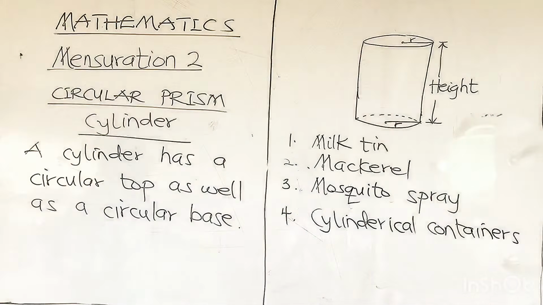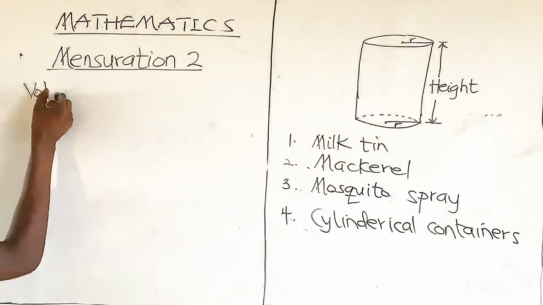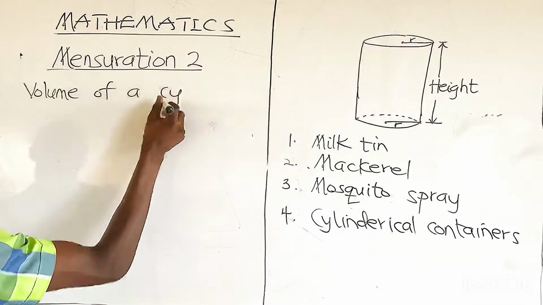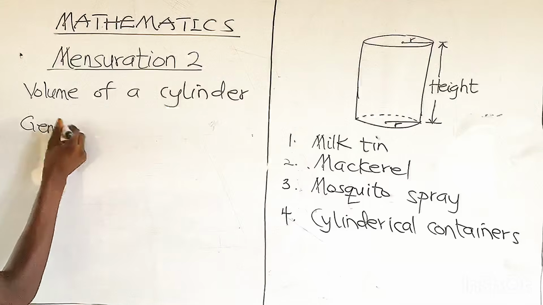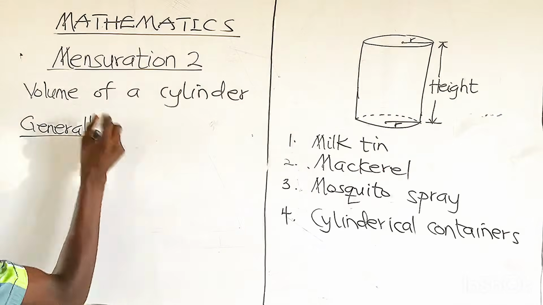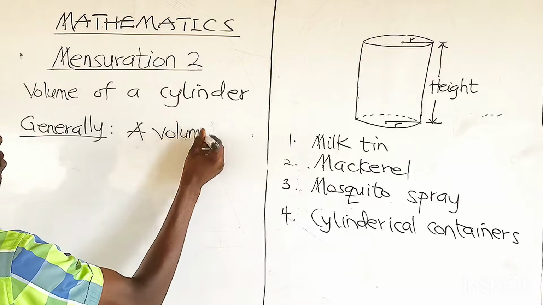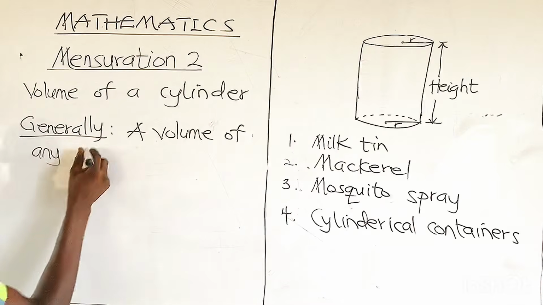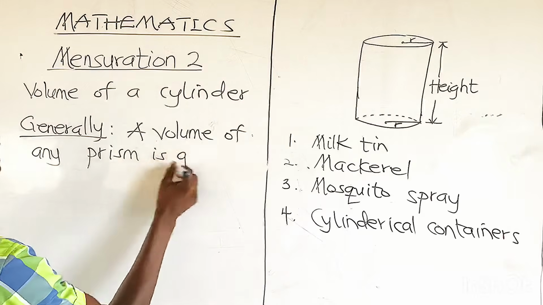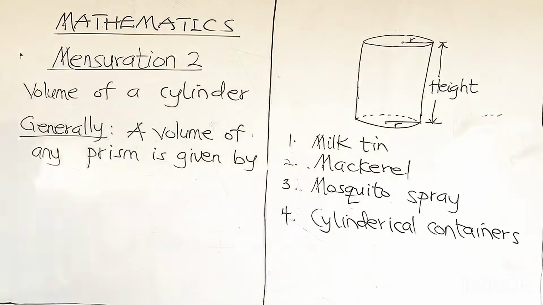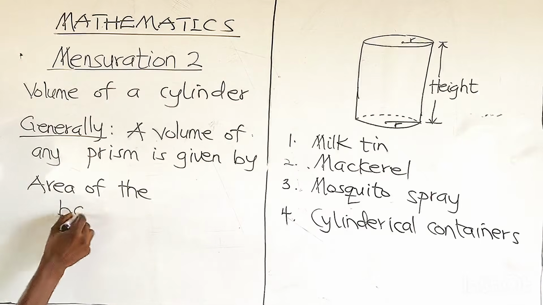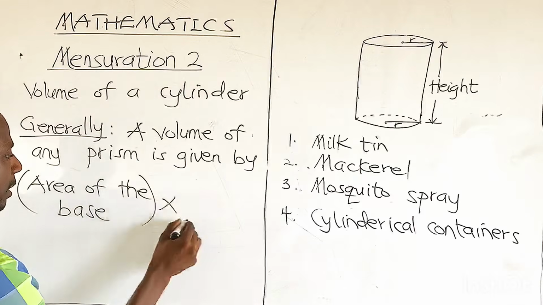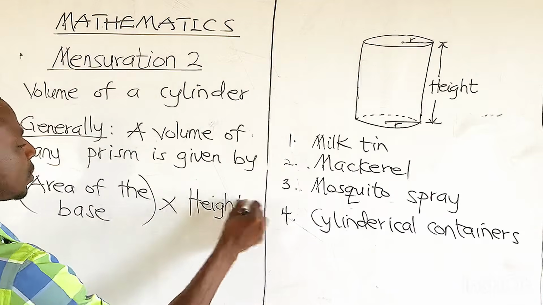Now, we are going to look at the volume of a cylinder. Before I give the volume of a cylinder, generally, the volume of any prism is given by the area of the base multiplied by the height of the solid figure.